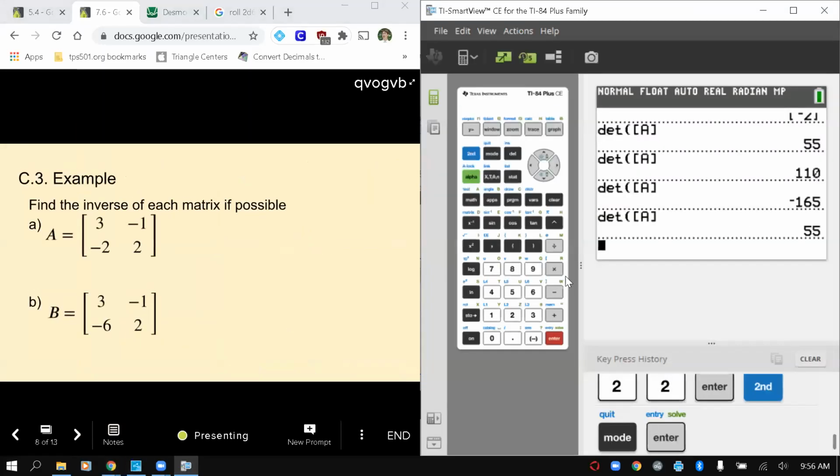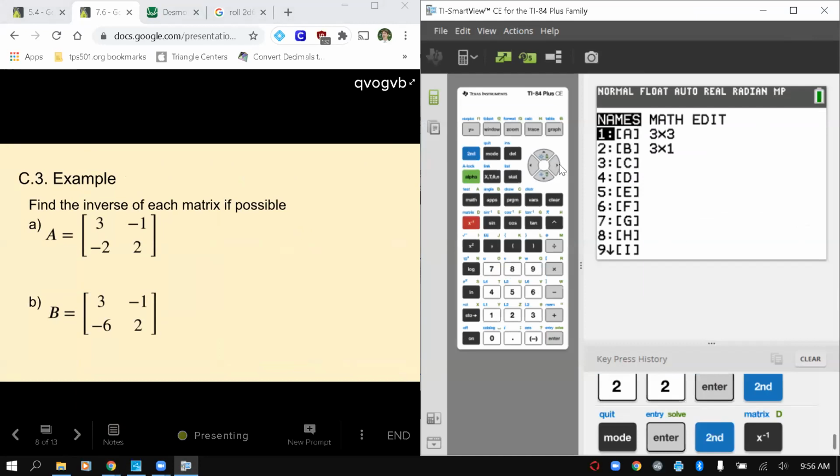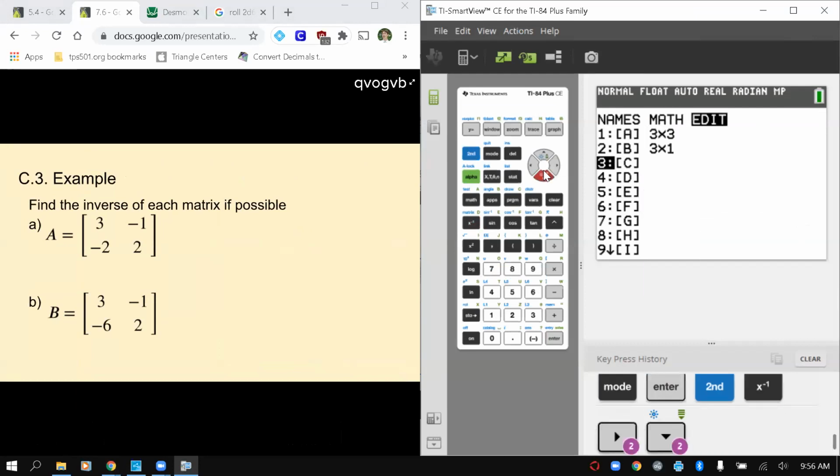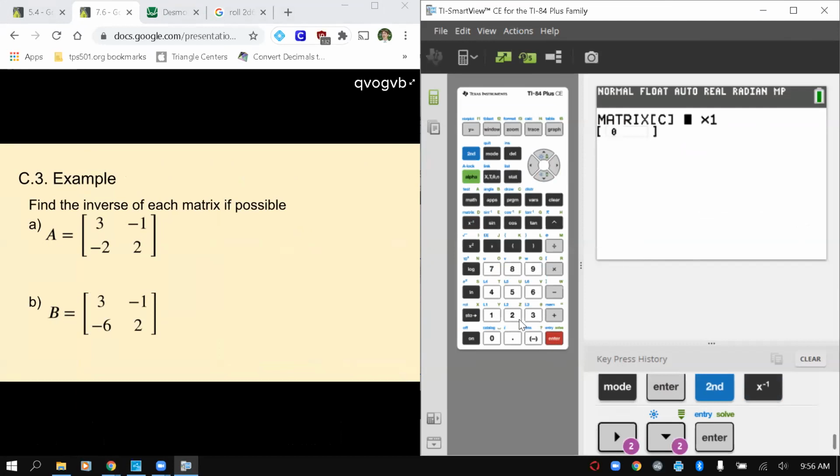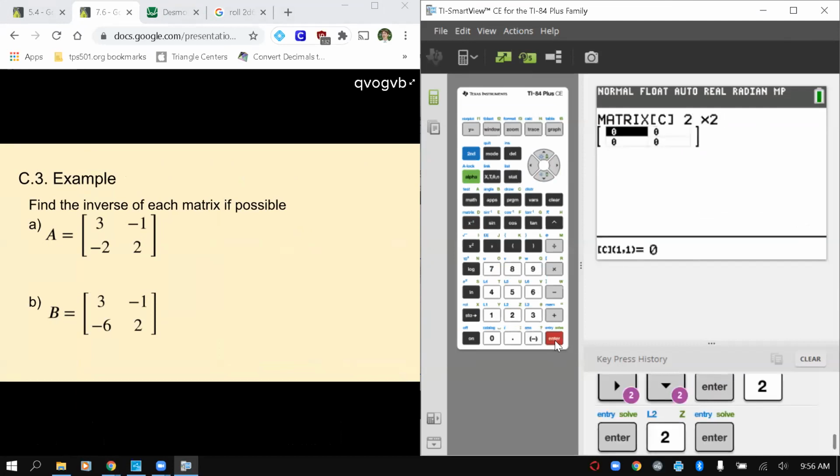So if I split this between this and my calculator, if I go onto my matrix, I'm going to make a new matrix C. If I type in matrix A, it's a 2x2, elements 3, -1, -2, and 2.